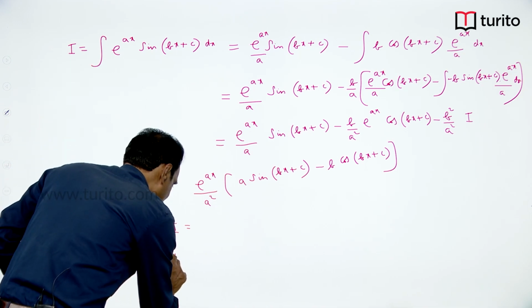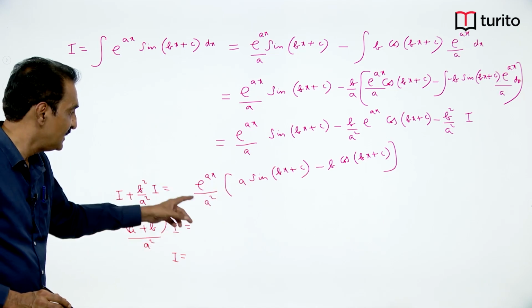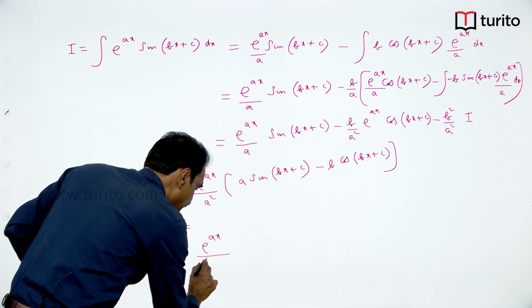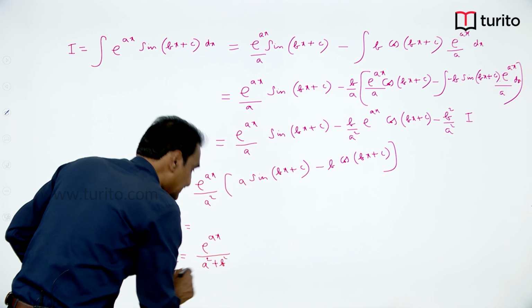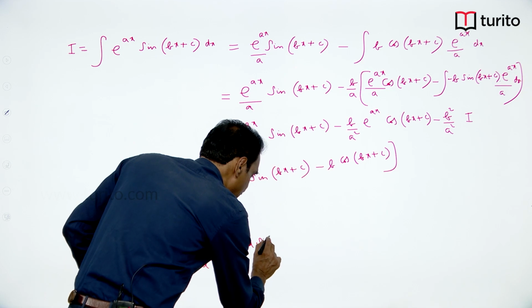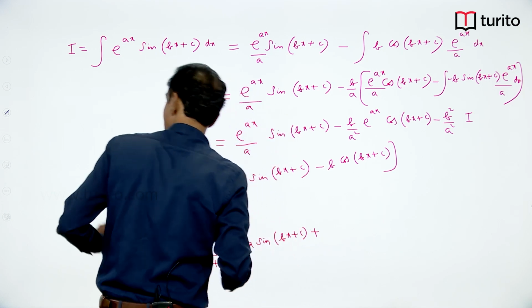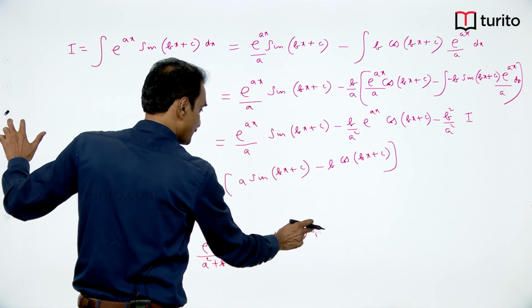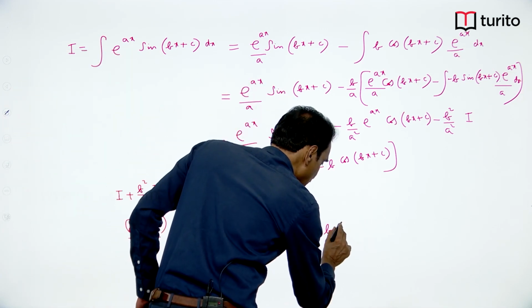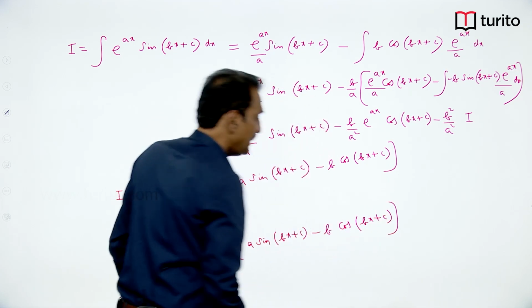Finally, you will get I is equal to, taking (a²+b²)/a² to the right side, e^(ax)/(a²+b²) into a sin(bx+c), plus, not plus, minus b cos(bx+c).